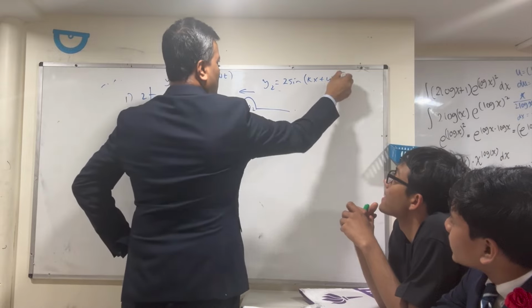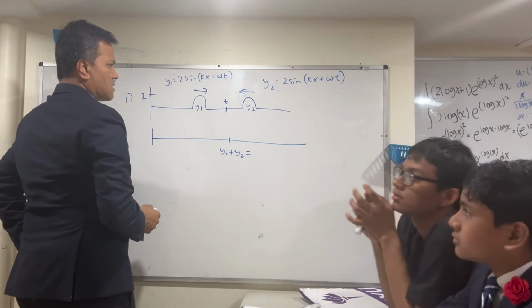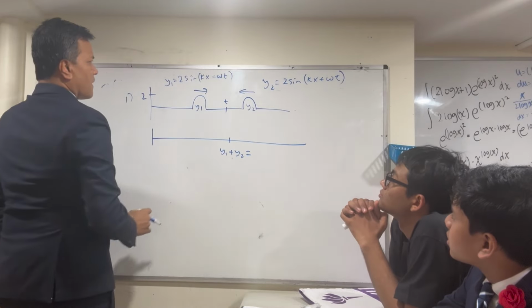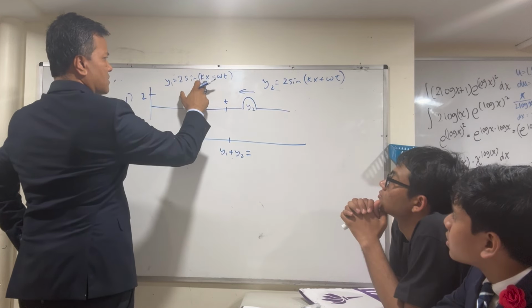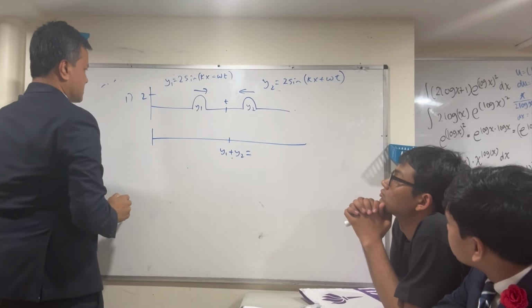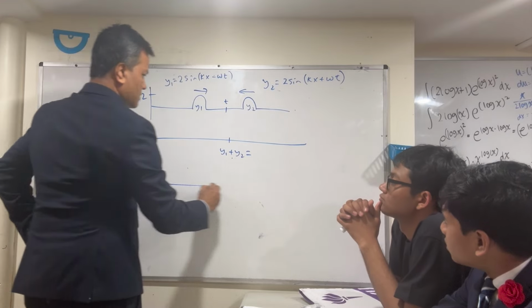But then they wouldn't be heading in the opposite direction. Oh, yeah, they would. We've set up y1 plus y2, and you're going to write that over here. Choose the k you want and the omega you want, so you specify that.